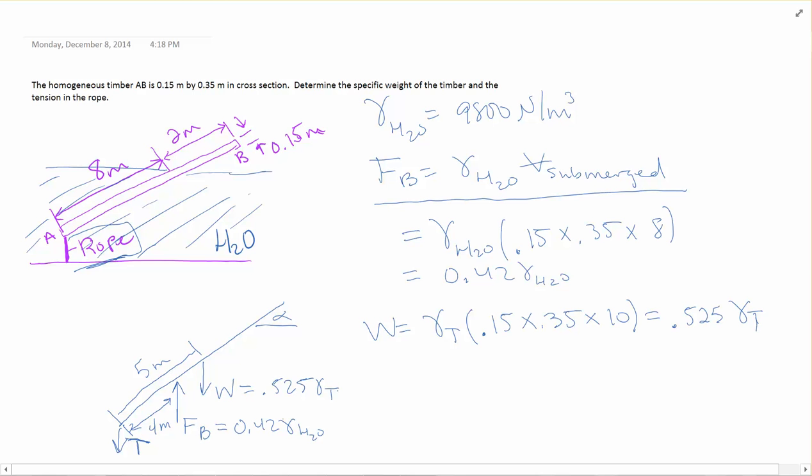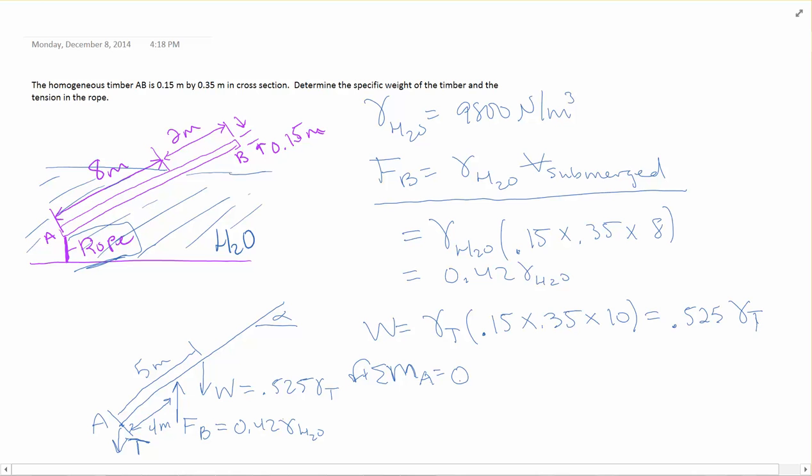Now what we're going to do is find a moment. We have point A down here at the bottom where this cable is attached, so let's find the moment at point A. If we do that, that gets rid of the tension force that's unknown at this point, and then that'll just leave the 2 forces. We'll say counterclockwise is a positive moment.